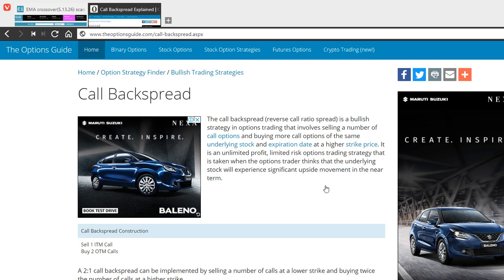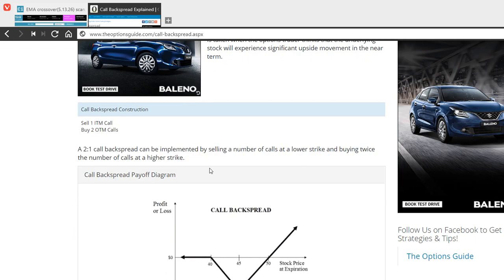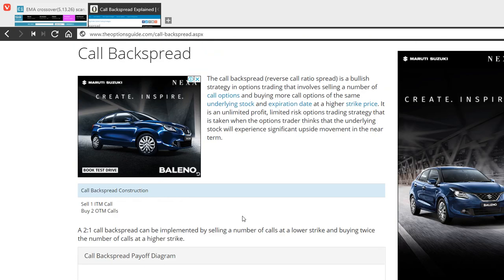Now, this strategy might sound confusing, but this is basically a very good strategy for positional option traders. Whenever you look at a particular diagram, personally, I find it a little bit confusing based on the payoff and things like that.